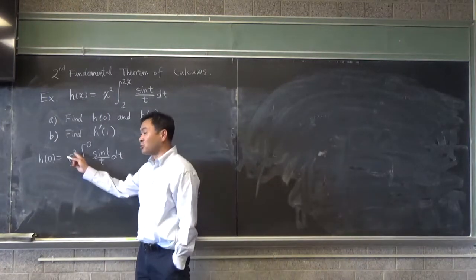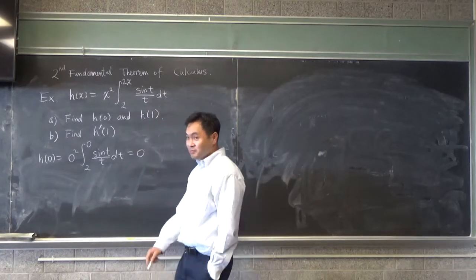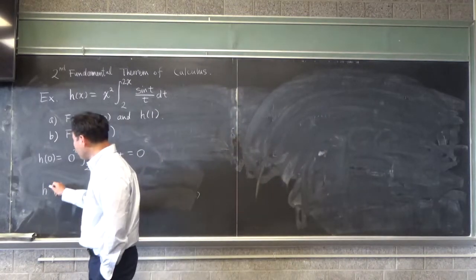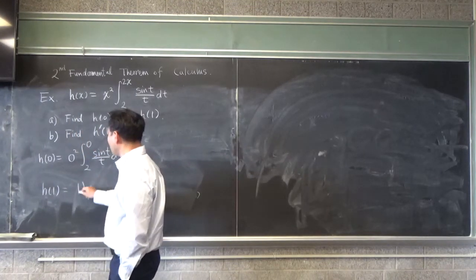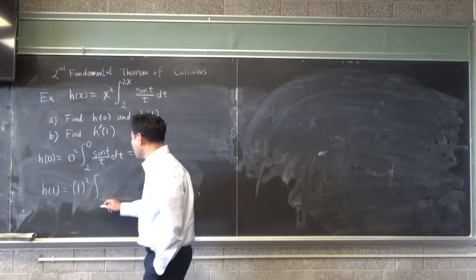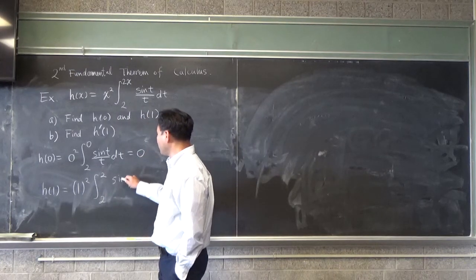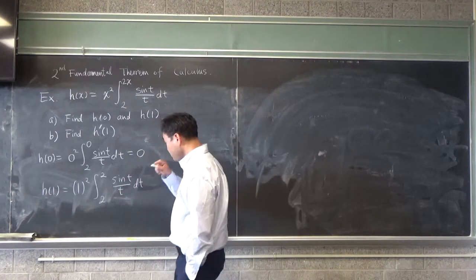Yeah, because 0 squared is 0, 0 times anything is 0. So 0. Now what about h of 1 then? H of 1 would be 1 squared integral from 2 to 2 of sine t over t dt.